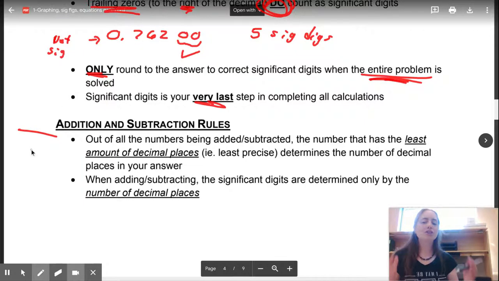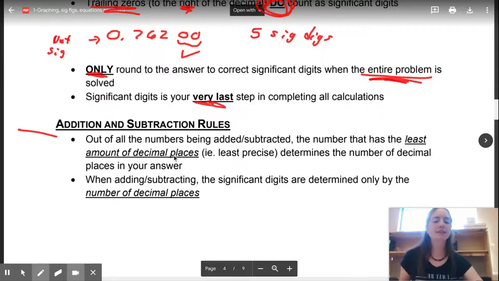So, the addition and subtraction rules for sig digs we don't use very much, because we don't use a ton of only multiplication or addition and subtraction in physics. We do a lot of multiplying and dividing. So therefore, these ones we don't use a lot. However, your very last step, when you take all of the numbers added and subtracted together, you go and look at all the numbers that you had in your original question.